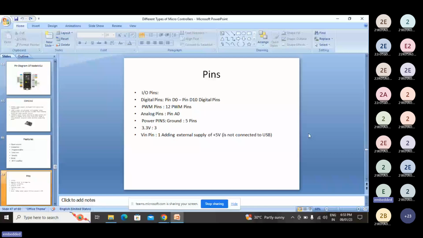Next, PWM pins, 12 PWM pins. A0, a single analog pin, is present. Power pins are 5 pins: 3.3 volts pins are 3, and voltage input is one, adding an external supply of 5 volts, and it is not connected to USB.